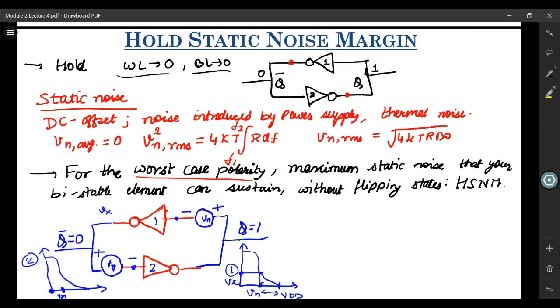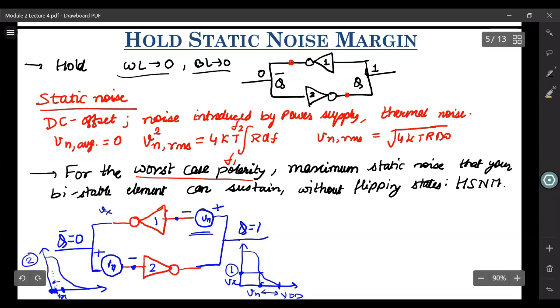You increased your input to Vx because of this noise source, but now that is reduced by this Vn because of this polarity, because we had a polarity in which the negative terminal was connected to 2. So instead of Vx, we now apply Vx minus Vn.